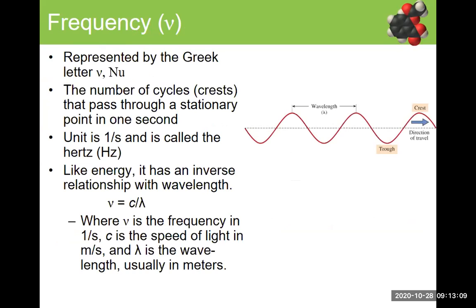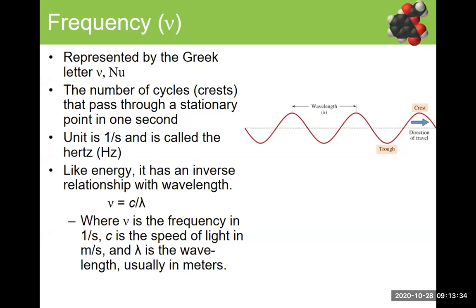With frequency, that kind of V-looking letter, which is the Greek letter nu, once again, we talked about the unit as 1 over second, or we write it as second to the -1, or here we're talking about hertz, Hz. And what we know is that frequency and wavelength have an inverse relationship also.